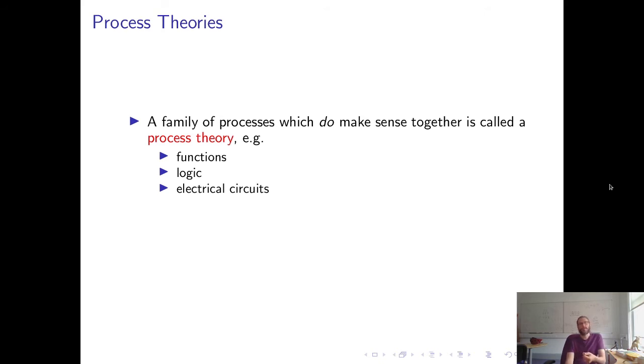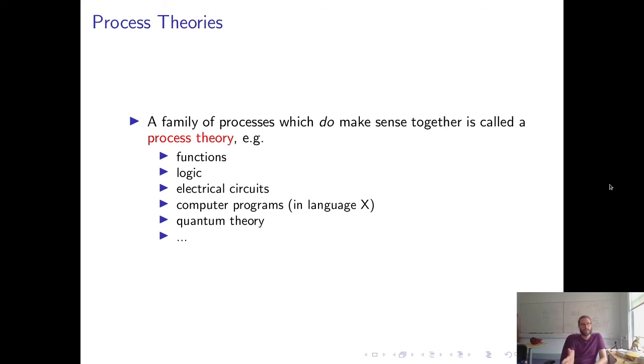Electrical circuits, here your wires really are wires and your boxes are little transistors or resistors and so on. That's a process theory. Computer programs, maybe in some particular programming language, quantum theory, and so on. So there's lots and lots of process theories out there.